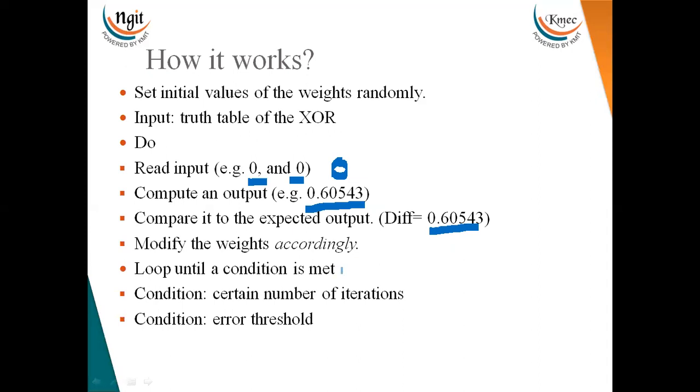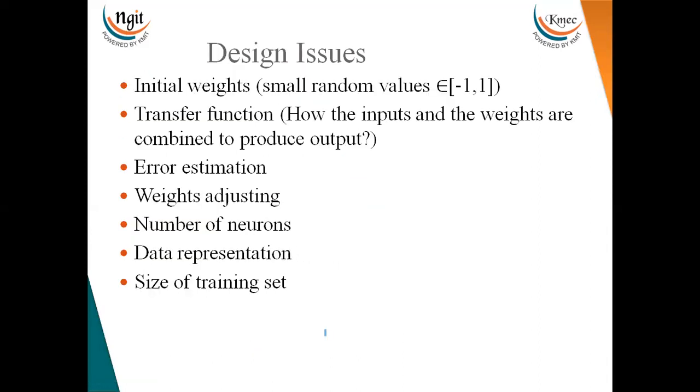Now I should adjust my weights and repeat the whole process again until my error is within limit. The condition is that the error should be below some threshold value. Till that time, I will repeat the iterations. That error limit, you may call it epsilon, some constant.